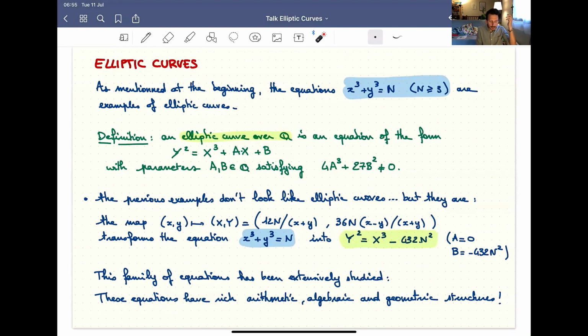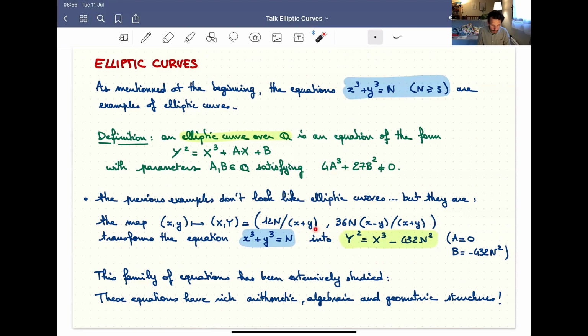This is a special condition for elliptic curves. The previous examples, x cubed plus y cubed equals n, don't really look like this type of equation. They are elliptic curves in disguise, if you want. There is a change of variables, which I wrote down here, which will transform this equation into an equation of the form y squared is x cubed minus 432n squared, which does look like the equation of an elliptic curve.